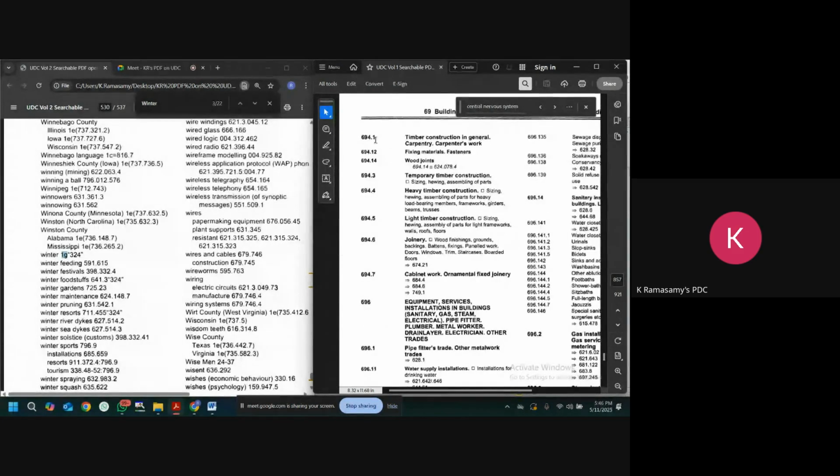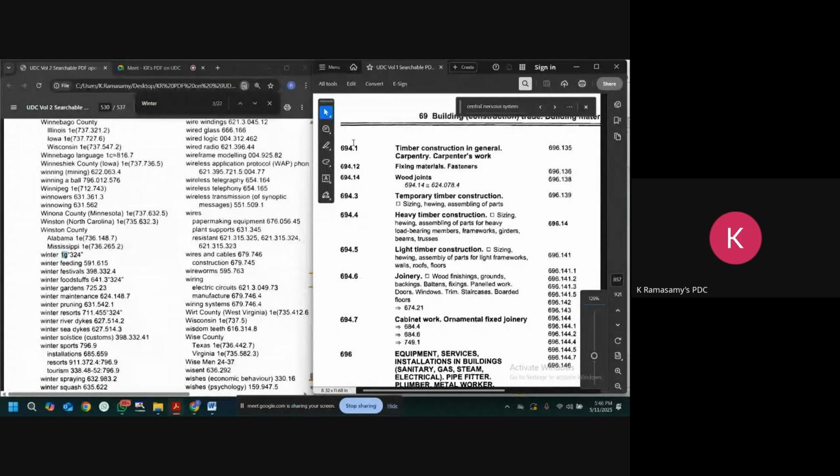It has 2 columns. The first column is called the notation column or class number column, where numbers are given on the left side. On the right side, we have the class description, the subject names which stand against these numbers.